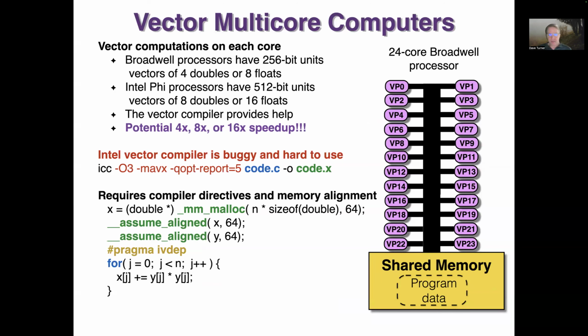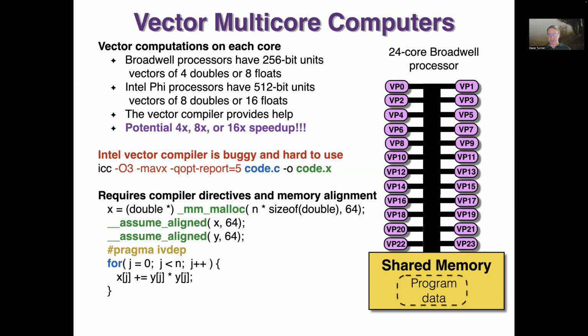Okay, we're getting even more complicated here because each of the cores can also do vector stuff now. It's not as good as the Cray vector stuff. The Cray vector stuff, the compilers were very good. The hardware was geared very specifically to do vector stuff.